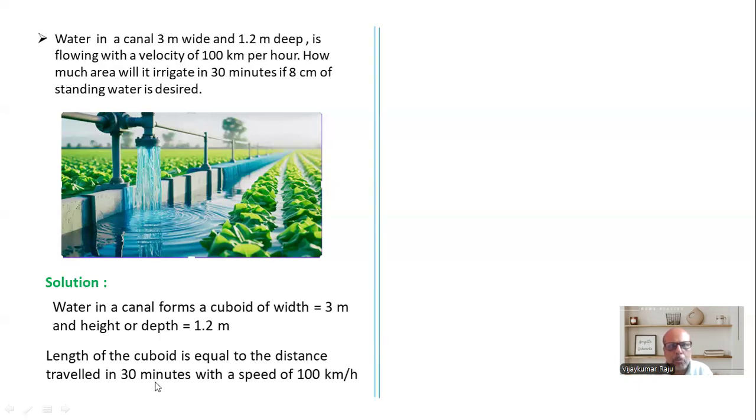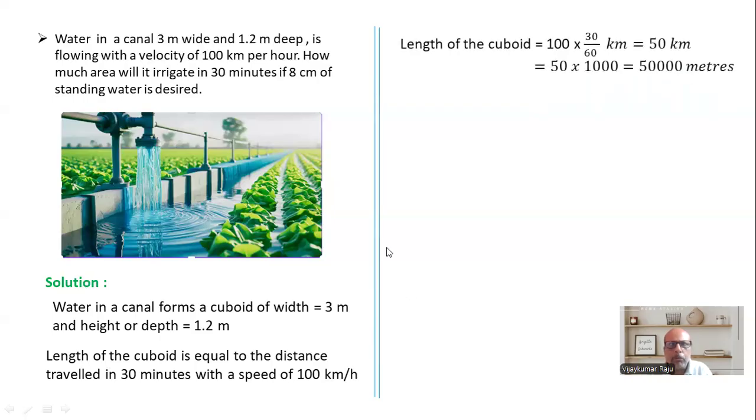Length of the cuboid will be 100 into 30 upon 60, that is 50 kilometers. But these measurements are in meters, so let's convert this length also into meters. 1 kilometer is 1000 meters, so 50 into 1000, that is 50,000 meters.